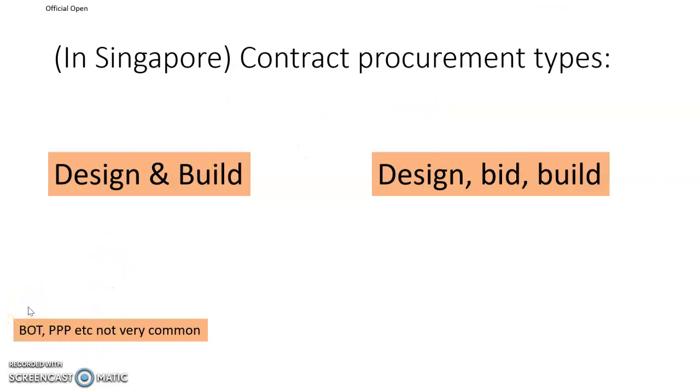BOT means build, operate, and then after that transfer. Or private public partnership. But all these are not very common compared to the design, bid and build, or design and build system. So the BIM guide actually provides a workflow for using BIM for either design and build or design, bid and build. So let's take a look at that.